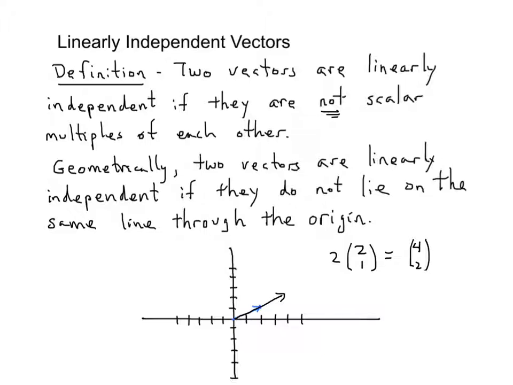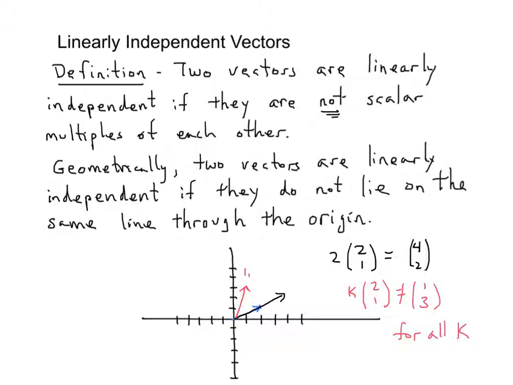As opposed to a vector that does not lie in this line, so for example, the vector 1, 3. So there's no constant k that I can multiply 2, 1 by to get to the vector 1, 3. Okay.